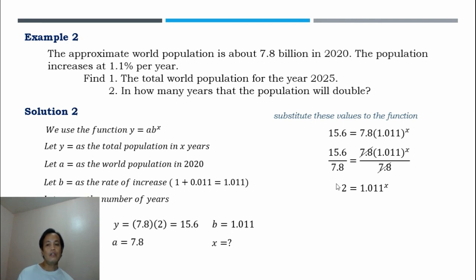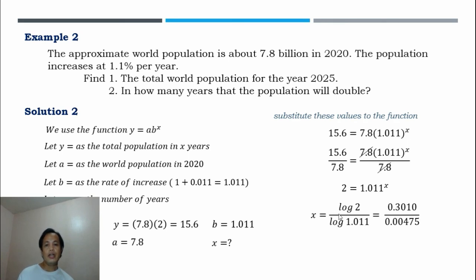There are two ways of solving this using logarithms. Number one, we can change this to logarithmic form, where we simply divide log of 2 by log of 1.011.